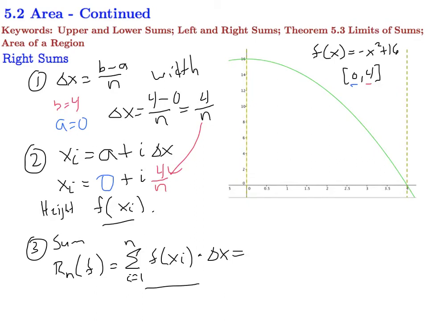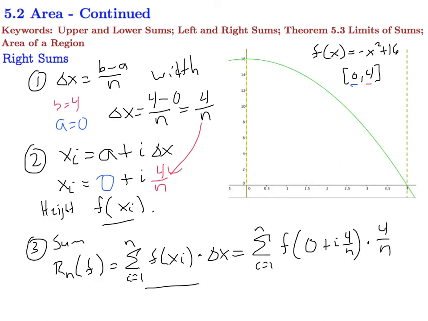So this was very abstract, so let's replace it with our function. Again, we have the sum from 1 to n. Now we have the function f, and we're going to put into this function our xi. So this is 0 plus i times 4 over n, and we're going to multiply it by 4 over n.